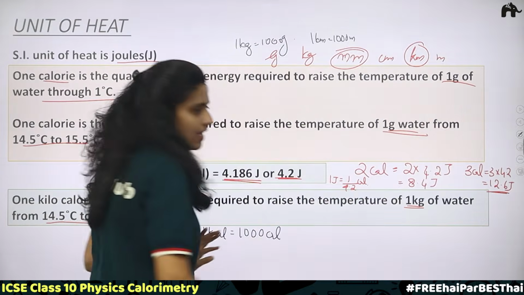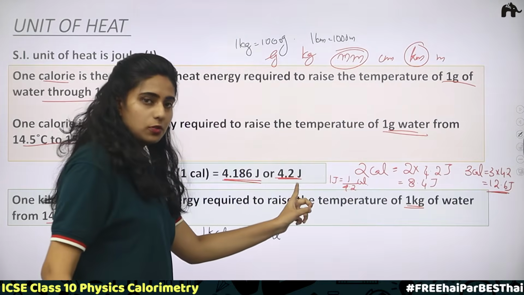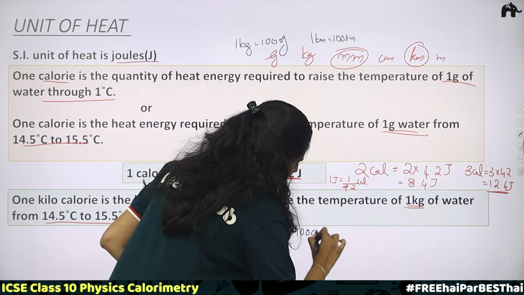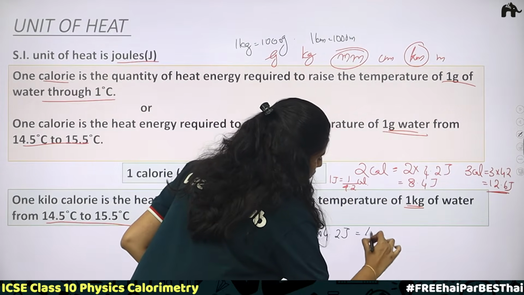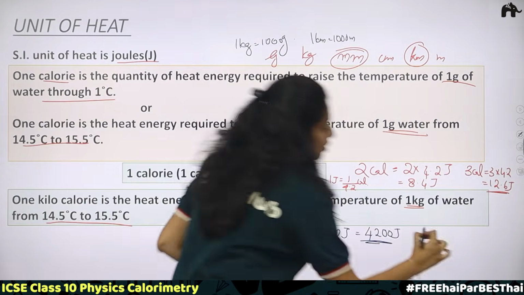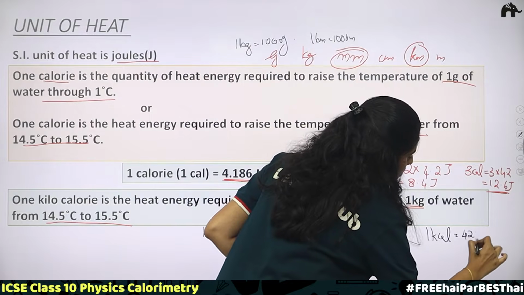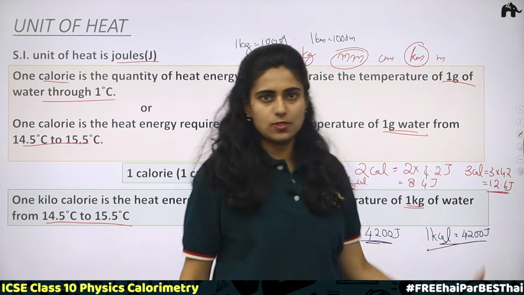We know that 1 calorie is equal to 4.2 joules. So what is 1000 calories? 1000 into 4.2 joules, which is 4200 joules. Therefore 1 kilocalorie will be equal to 4200 joules. So this is the relation between kilocalorie and joules.